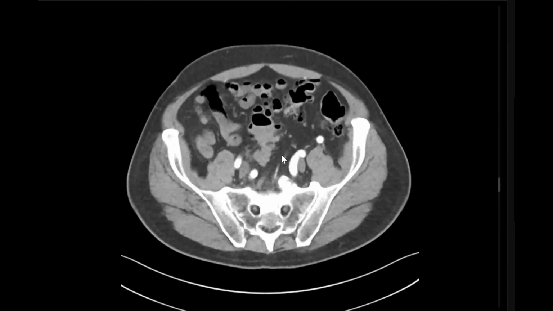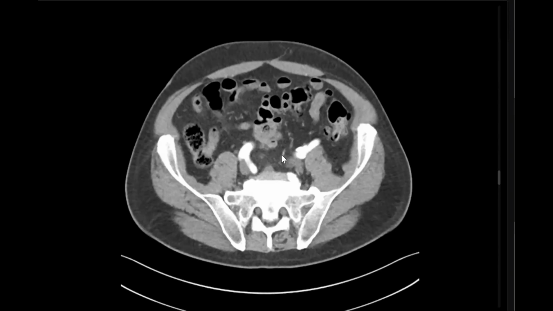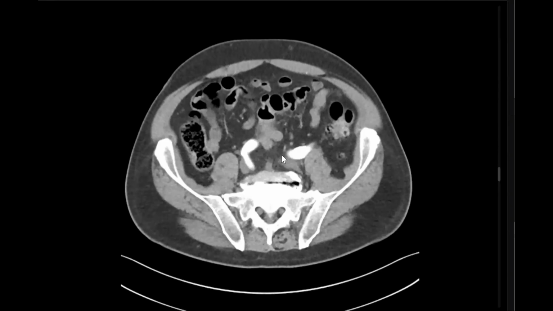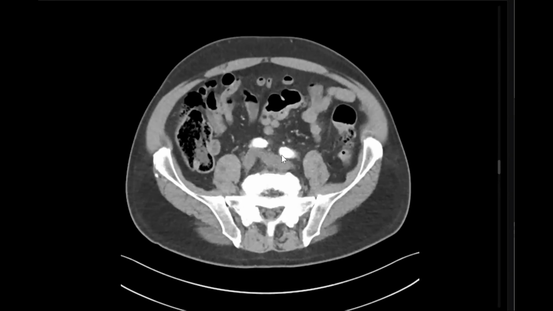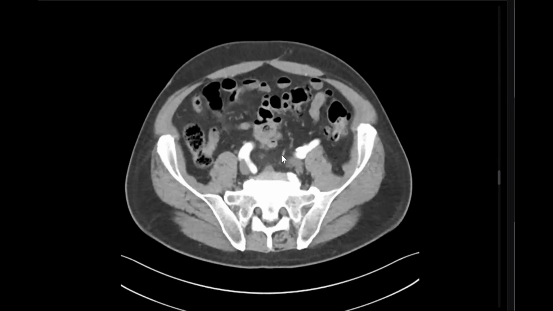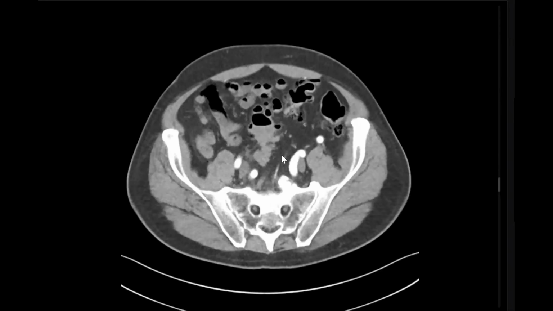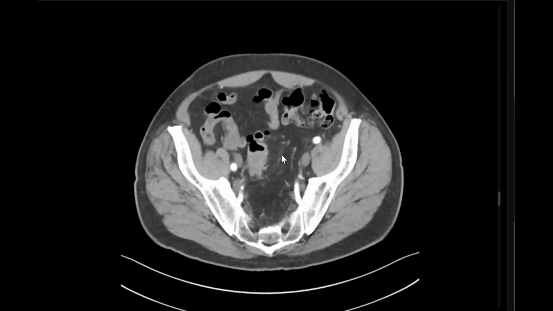What are you looking for in the arterial phase in case of rectal bleeding or unexplained anemia? If there is any active extravasation inside the lumen. Very good. Go down, my friend, because of time, because the ascending and descending colon don't have any extravasation. Look at the sigmoid.